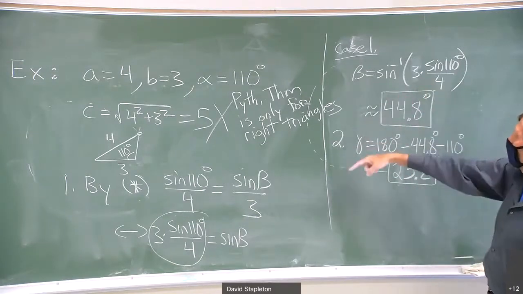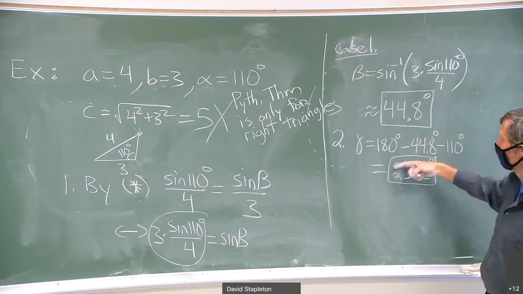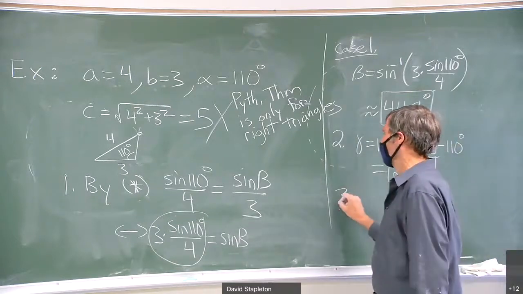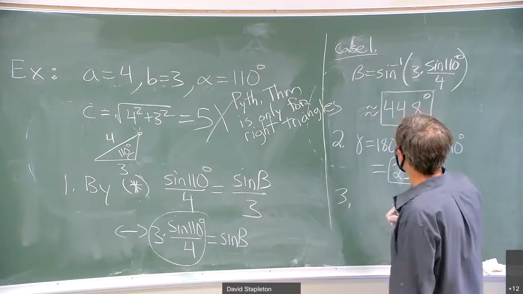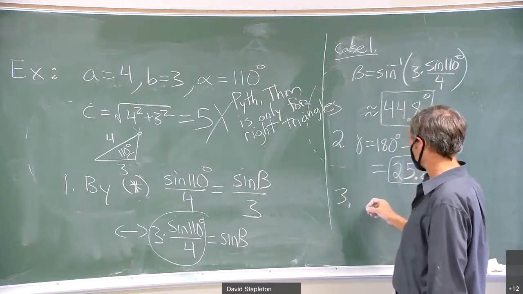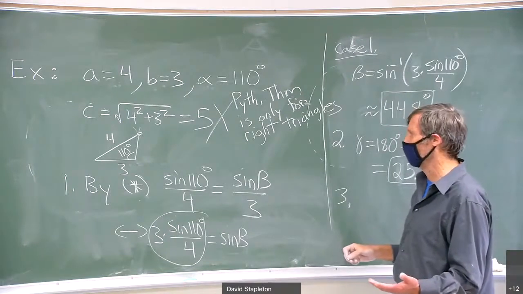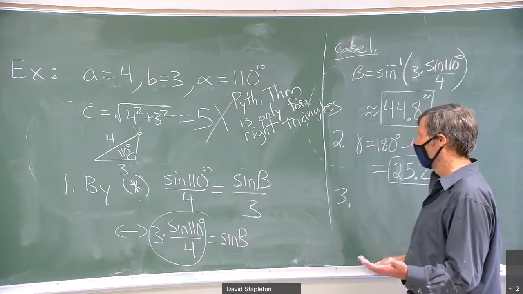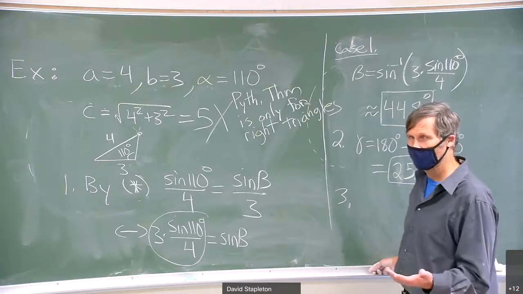So law of sines to find the first angle. Now I have 2 angles, I'll find the last angle, and then finally I'll use the law of sines to find the last side. I can't use the Pythagorean theorem. By the way, next time you'll see a nice reason you can't use the Pythagorean theorem. For oblique triangles, the law of cosines is a generalization of the Pythagorean theorem.